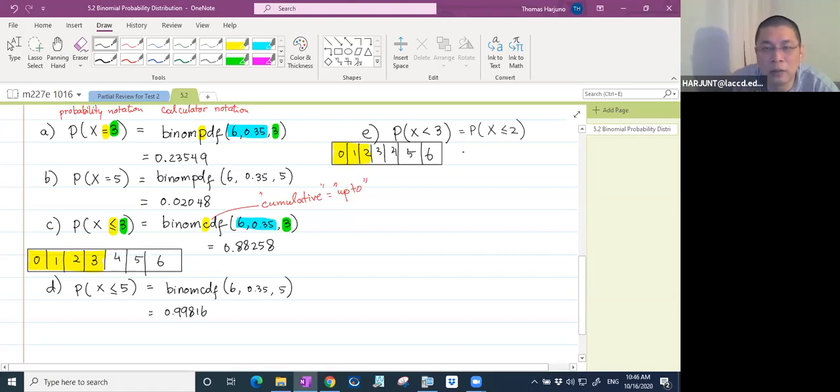Do that adjustment first. And then you do calculator notation, binom CDF, 6, 0.35, 2. Does it make sense for you?